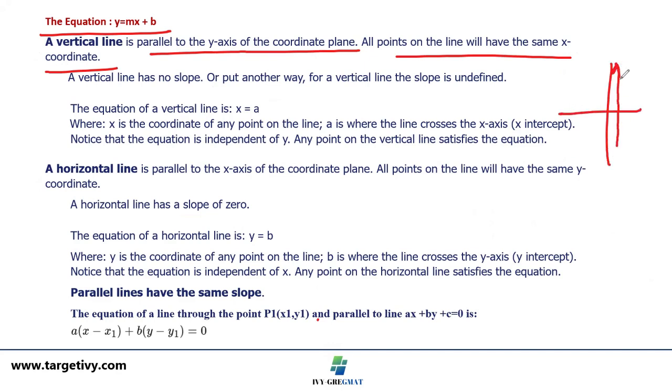It remains the same. If it is 2, it will remain 2. If it is 3, it will remain 3. A vertical line has got no slope. Or put another way, for a vertical line, the slope is undefined. You do not know what the slope is. The equation here is x is equal to a.